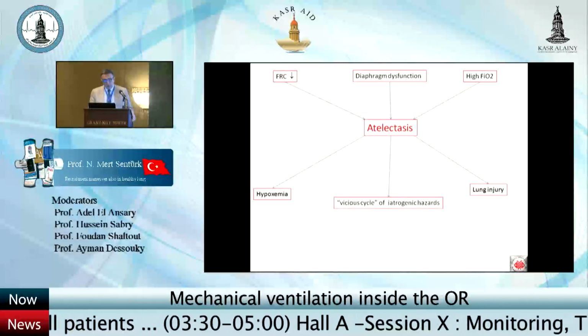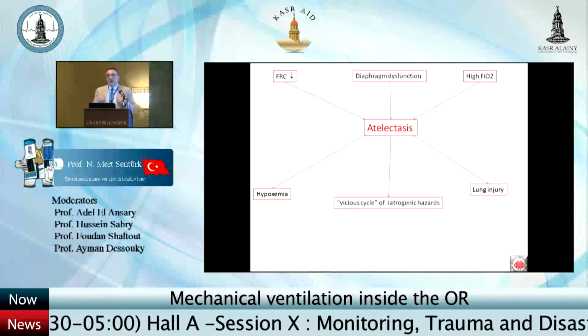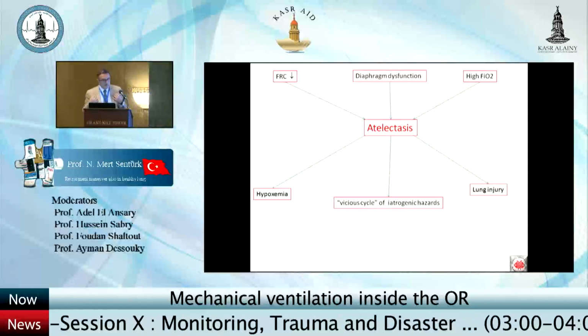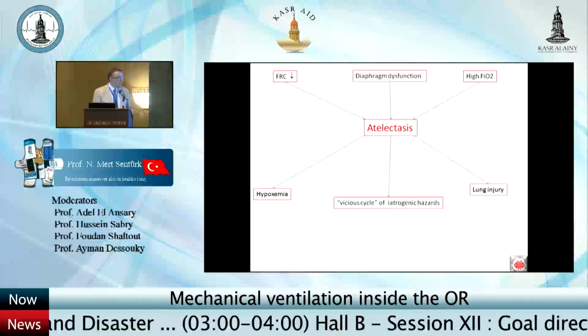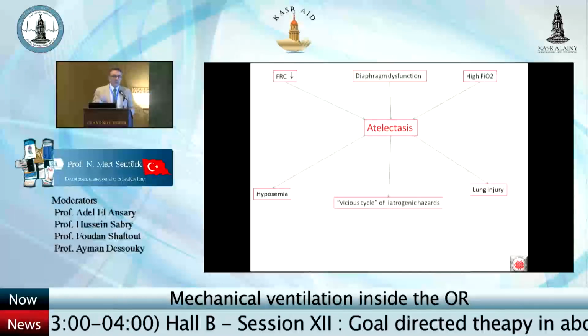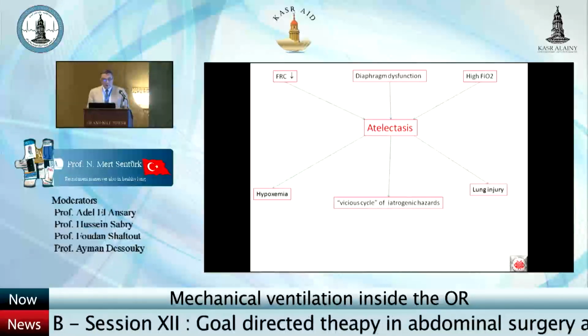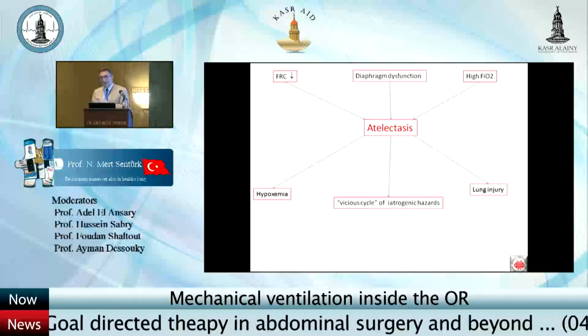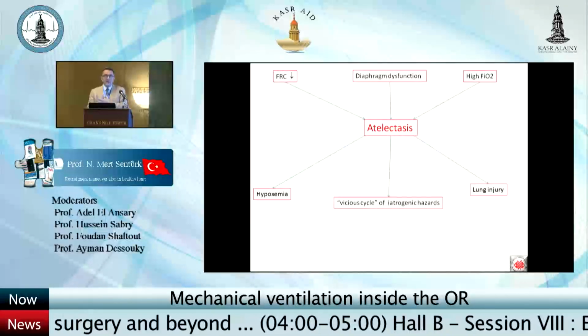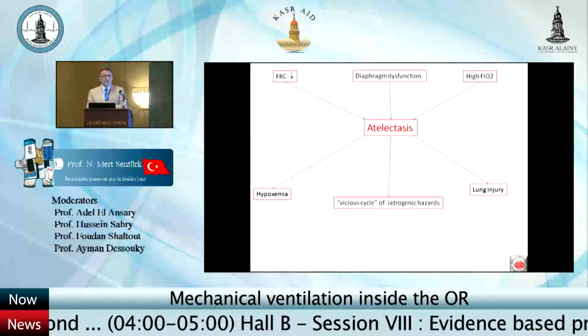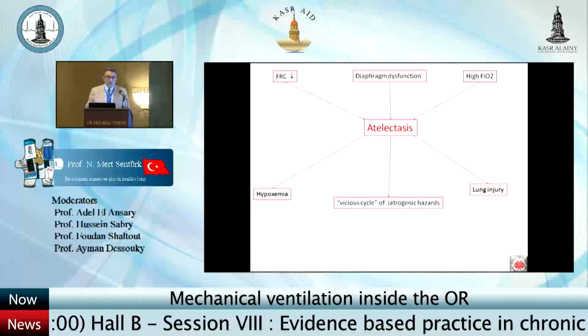What is worse is that we, as anesthetists and intensivists, can also add to the harm of mechanical ventilation and atelectasis, because we use something that we hope can be a treatment of atelectasis, which is actually a new hazard.